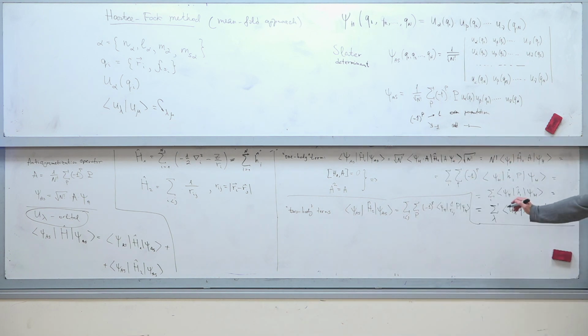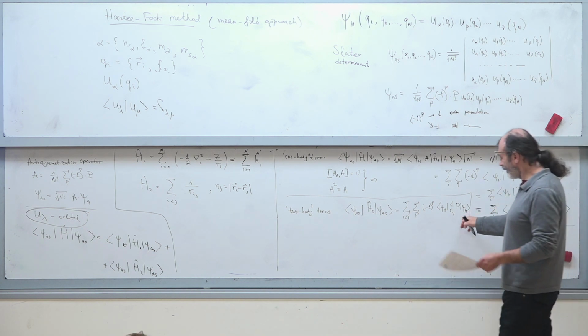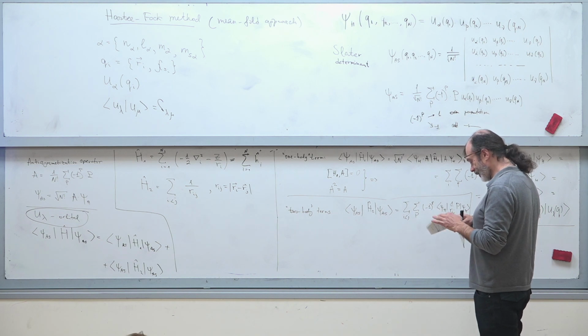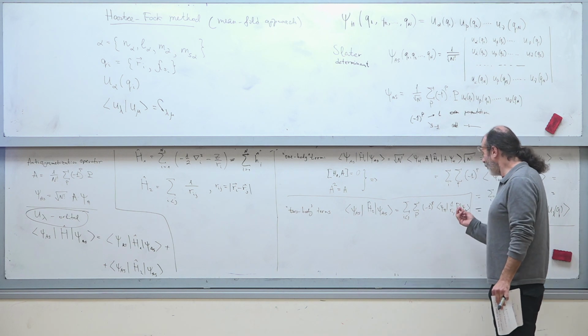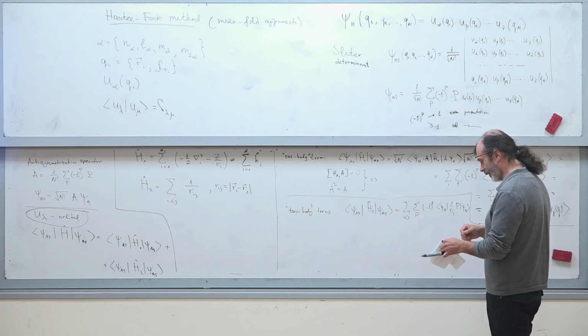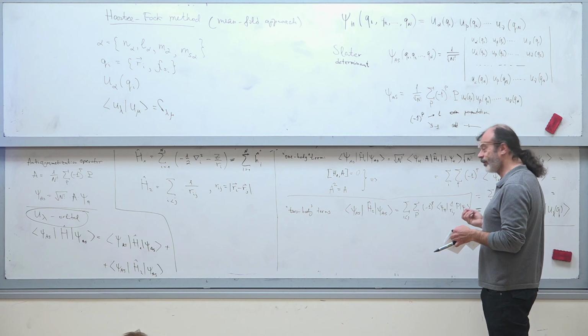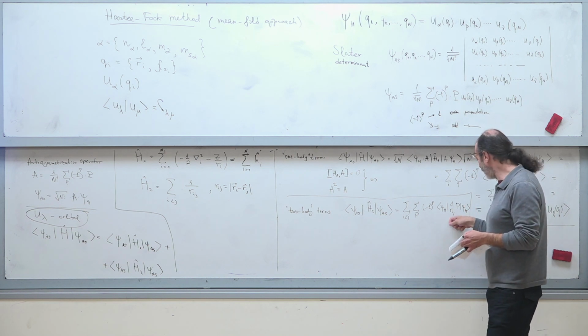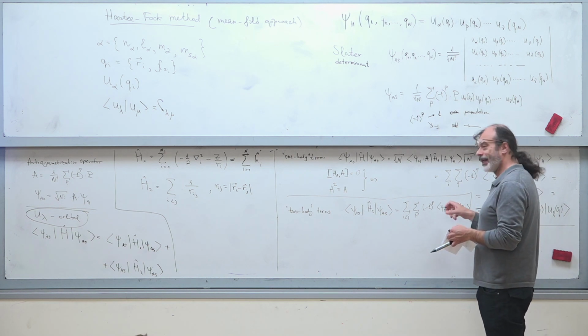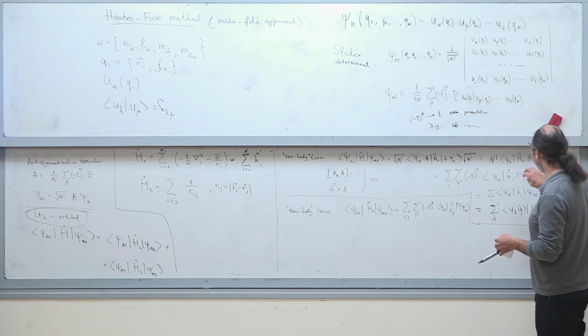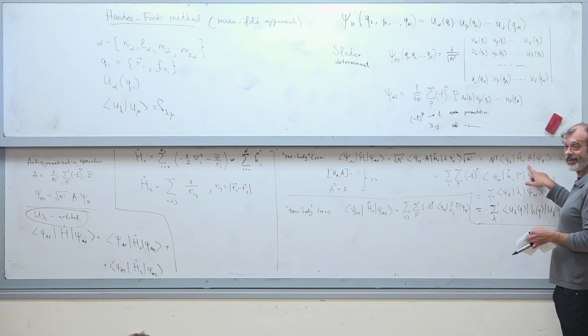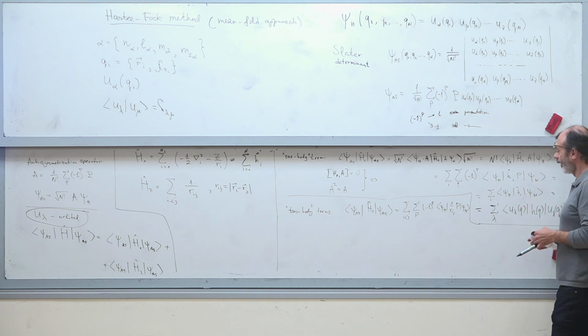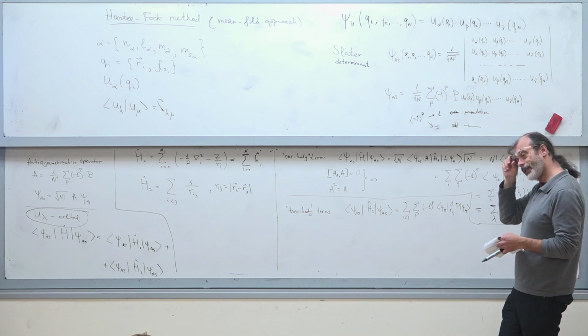But now here there is something that will be different as compared to here. Here we just omitted the permutation. Here the permutation makes sense. There are actually two possibilities, two permutations that are meaningful. One permutation does nothing, exactly as here, so we change nothing. That will be the direct term.